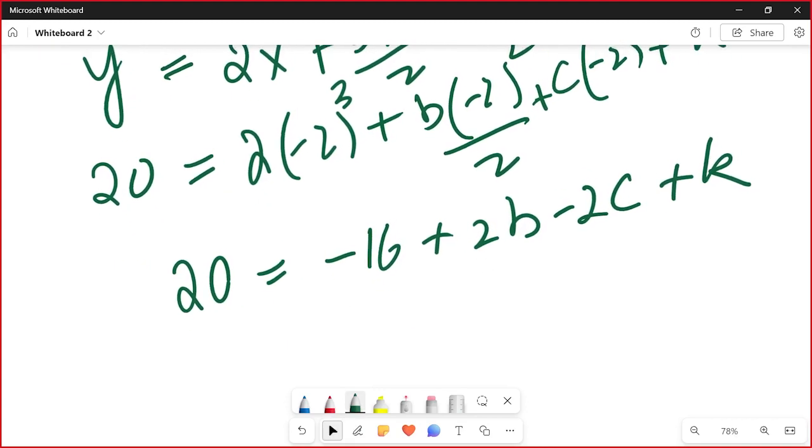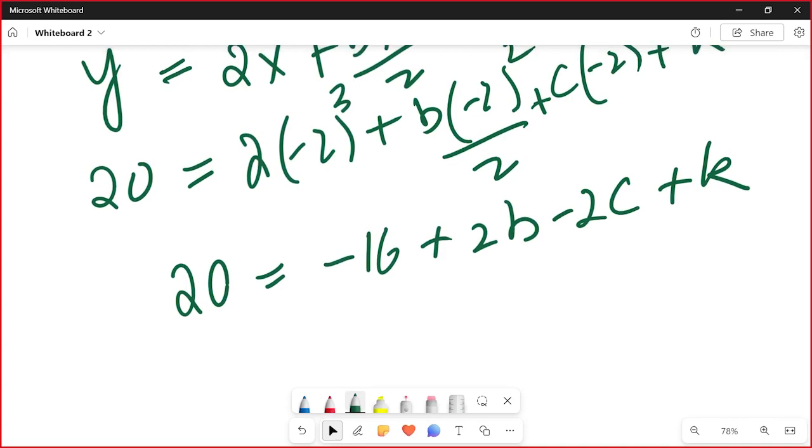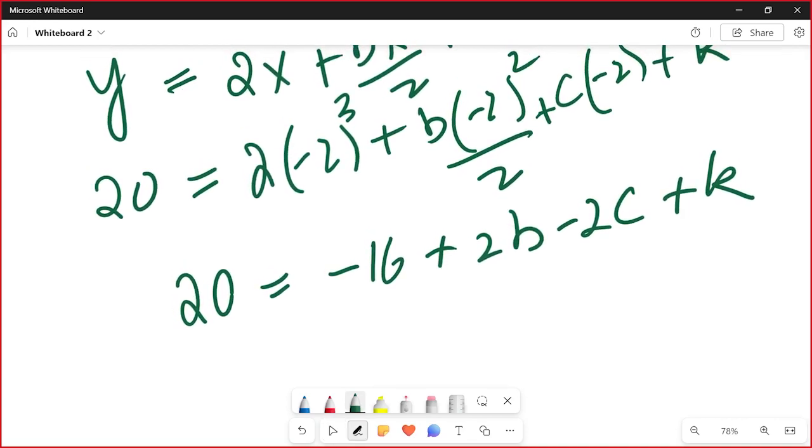This is tricky, because we now have one more unknown. And if we have one more unknown, we would require three equations.